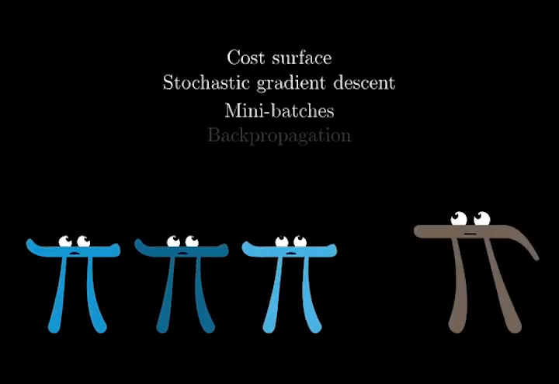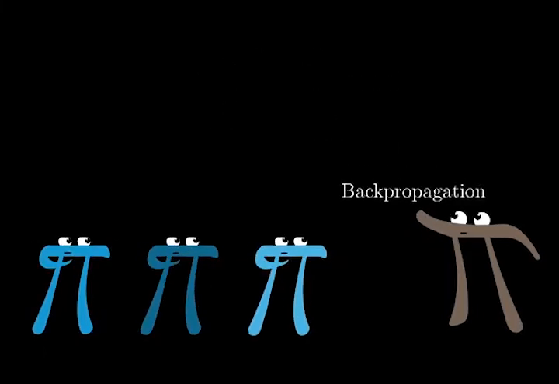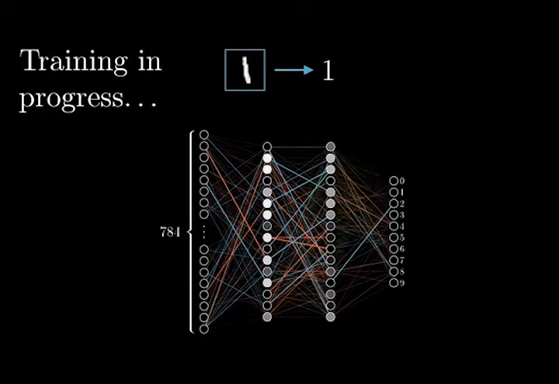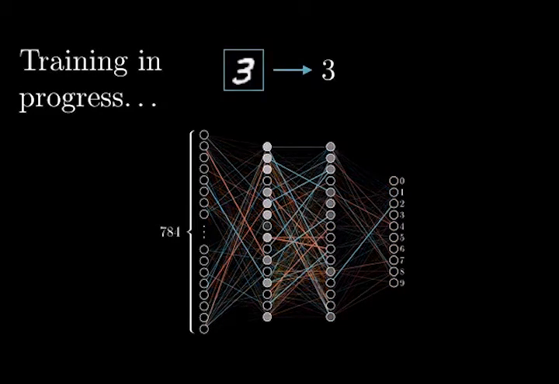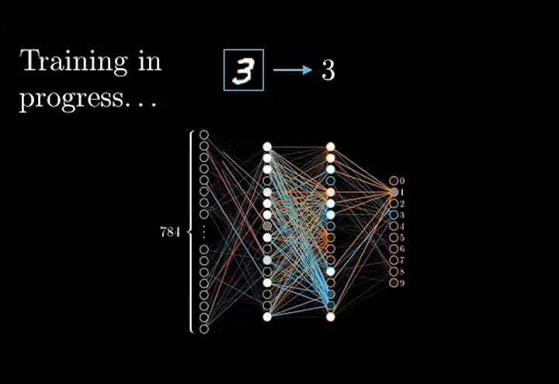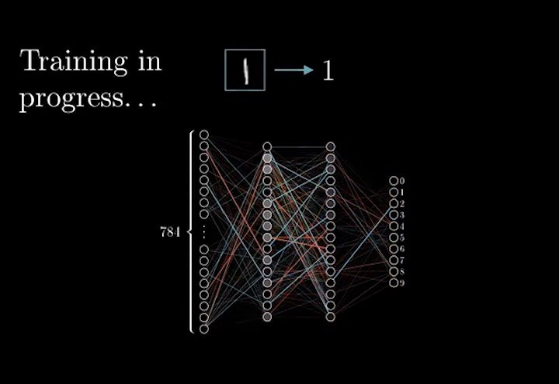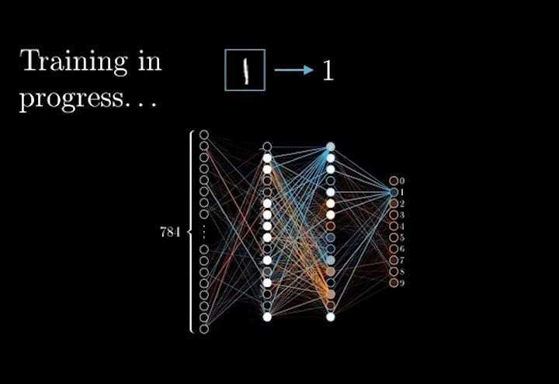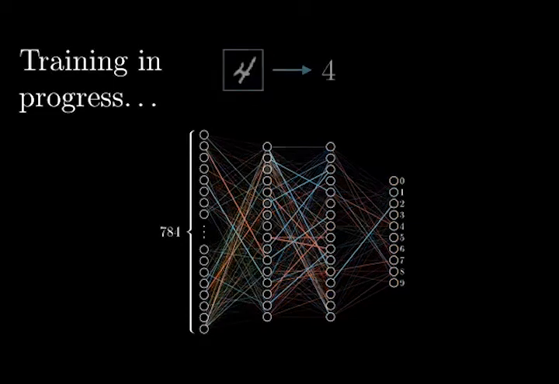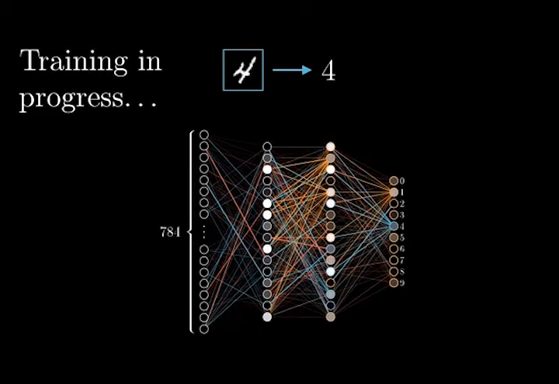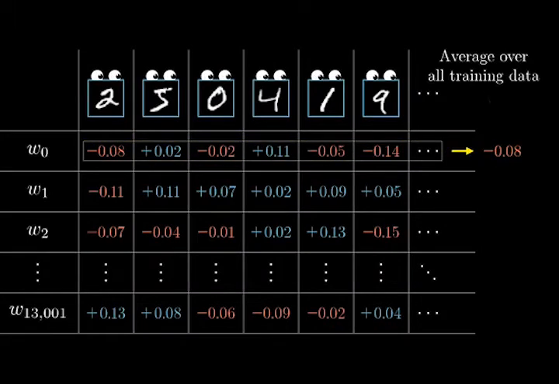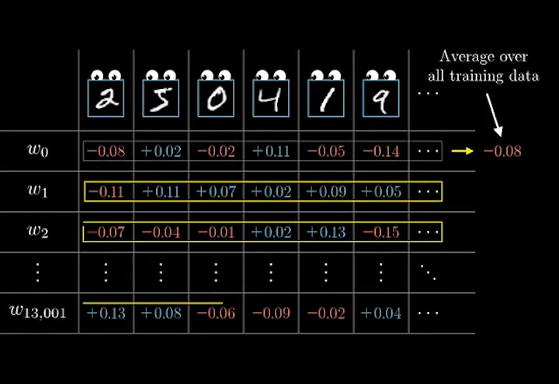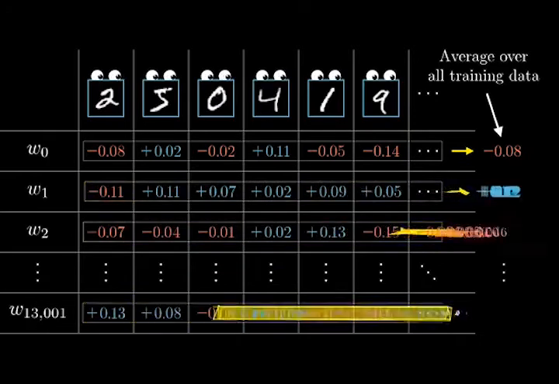There's kind of a lot going on here, so let's just sum it up for ourselves, shall we? Backpropagation is the algorithm for determining how a single training example would like to nudge the weights and biases. Not just in terms of whether they should go up or down, but in terms of what relative proportions to those changes cause the most rapid decrease to the cost. A true gradient descent step would involve doing this for all your tens of thousands of training examples and averaging the desired changes that you get.